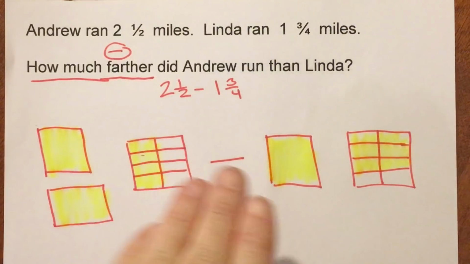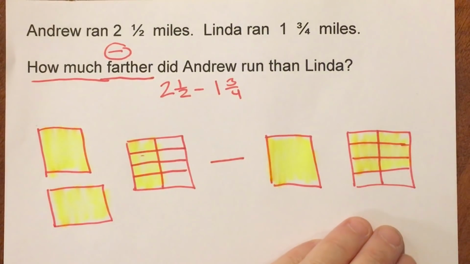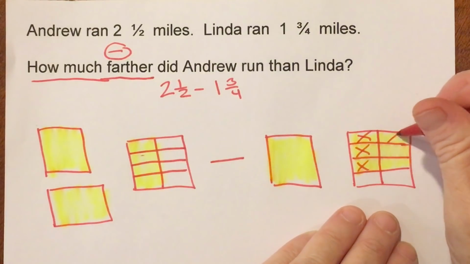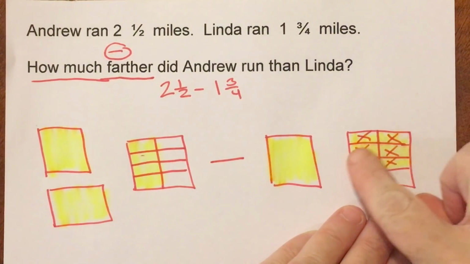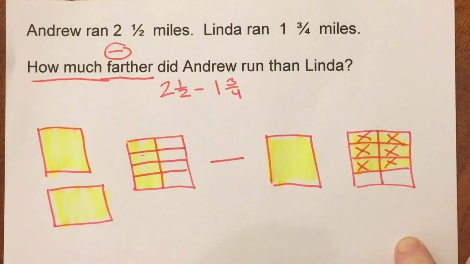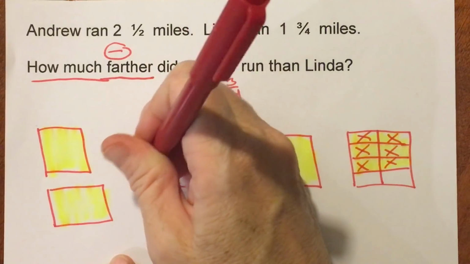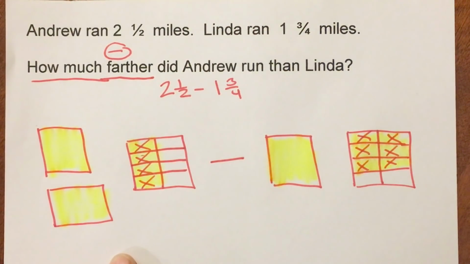So I have this and they want me to take away this. They want me to take away 1, 2, 3, 4, 5, 6 pieces or parts. So I come over here and I take away 1, 2, 3, 4. Yikes.